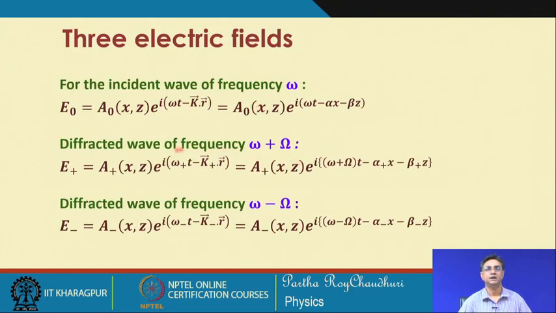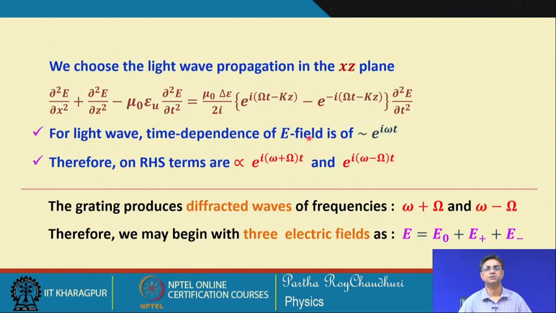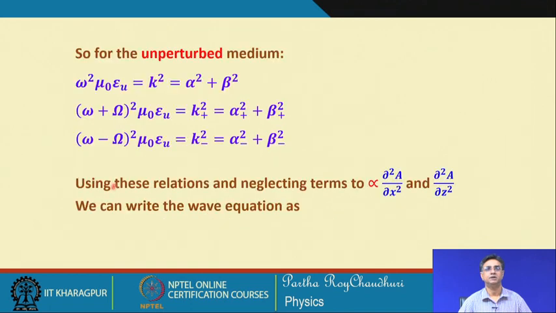Initially we have this as a consequence of this equation, because we can see that there will be terms with omega plus small omega. So, that is why this quantity corresponds to the plus order, and this corresponds to the minus order.